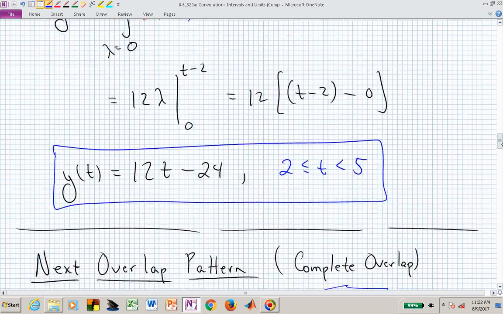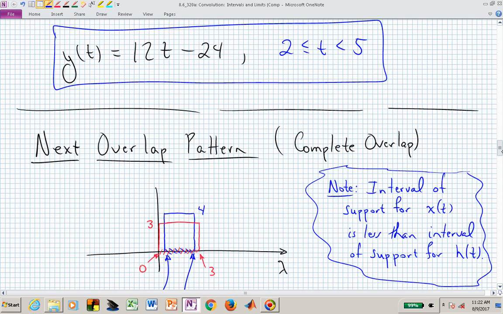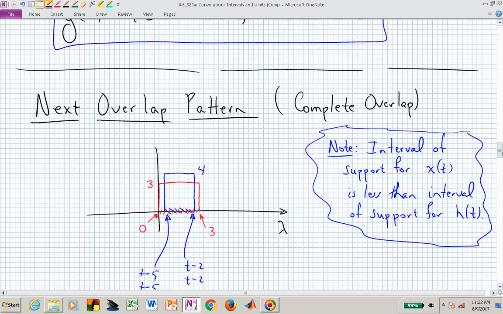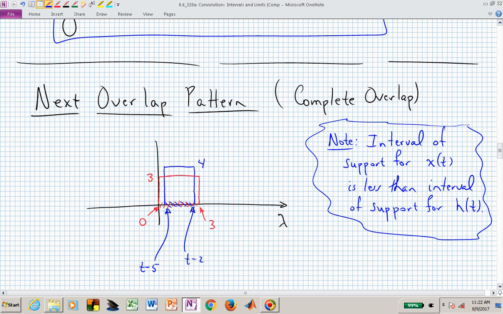Let's look at the next overlap pattern. In this overlap pattern, what you typically want to start being aware of is the length of my interval of support regions for the two waveforms. In this case, the x of t, which is of amplitude 4, has a shorter interval of support, or values of lambda where it's non-zero, versus the red interval.